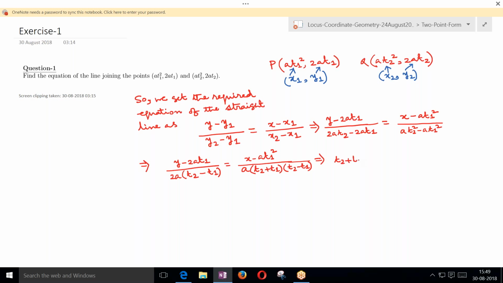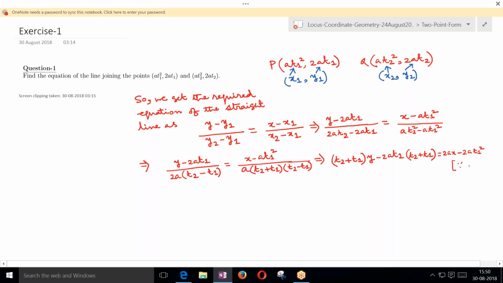t2 plus t1 into y minus 2at1 into t2 plus t1, that is equal to, we get 2ax minus 2a into t1 square.